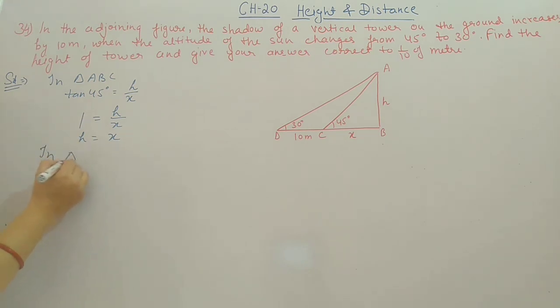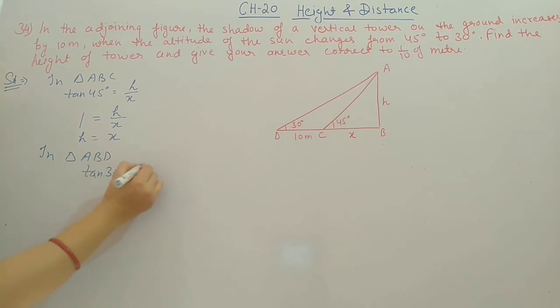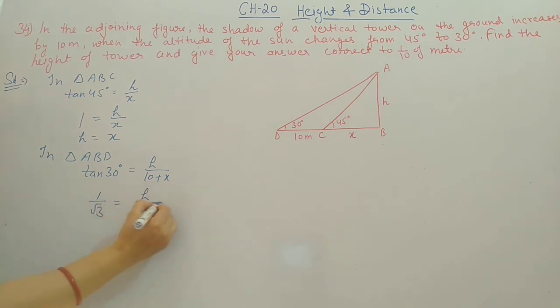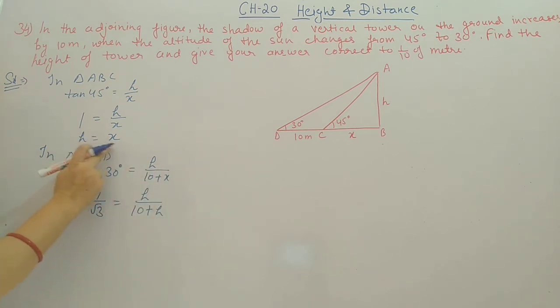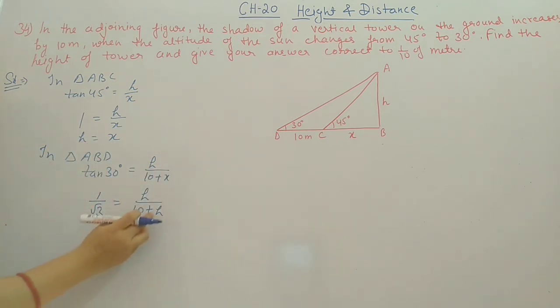In triangle ABD, tan 30 is equal to height by base. Base is here 10 plus X. The value of tan 30 is 1 by root 3, so 1 by root 3 is H by 10 plus H. This X also we can replace because X and H are equal. So in place of X we can replace H.